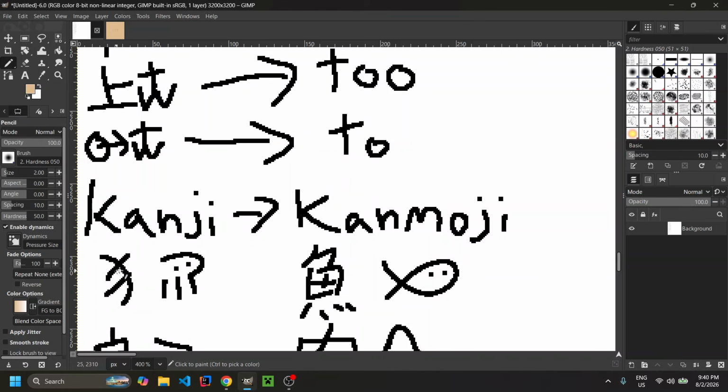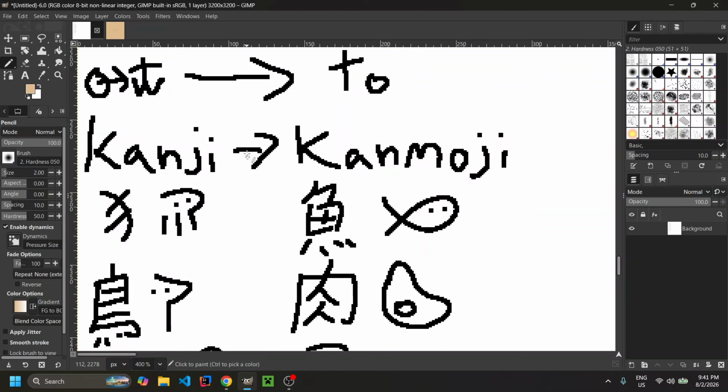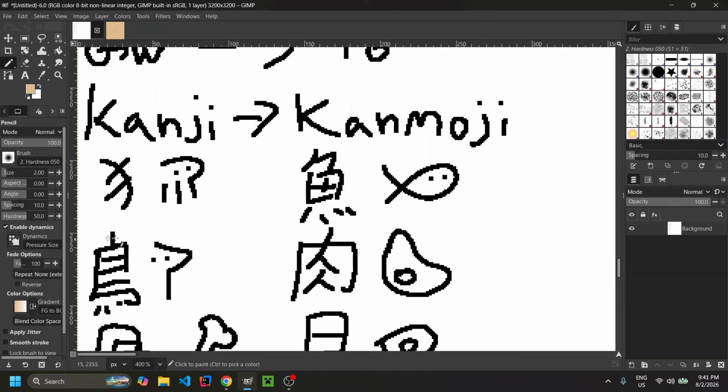Like this radical is the one that means beast, and so I put the animal here for it. So I think this is much more readable as animal. This one is the kanji for fish, but I think this one is easier to draw and easier to understand, and that's the point of the kanmojis. Kanmojis are basically just an updated form, which can be a little cuter, you know, but here's their bird. They got this little thing going on, and this is my bird. It just got the wings on it.